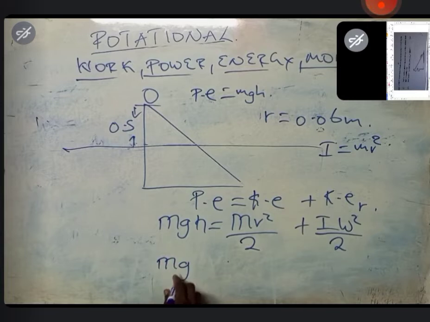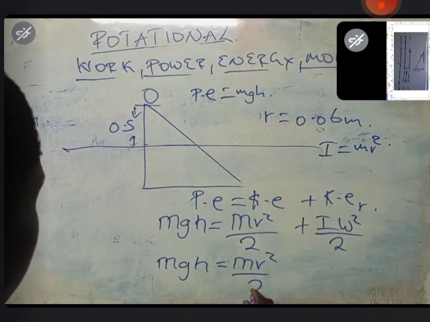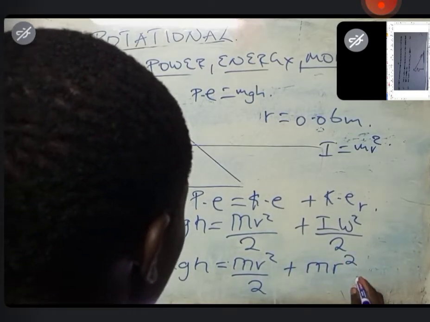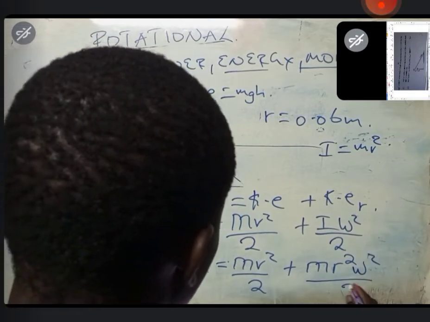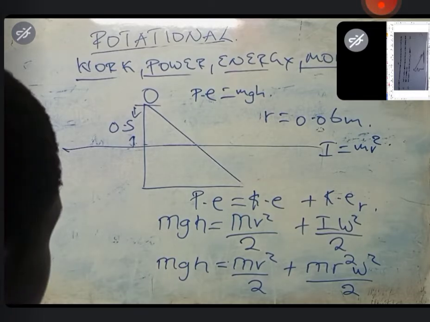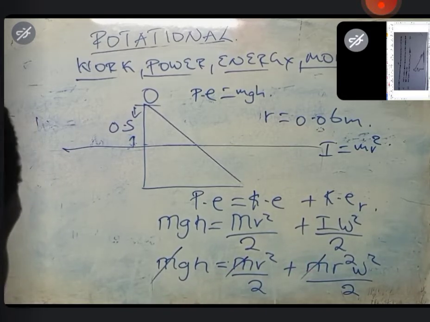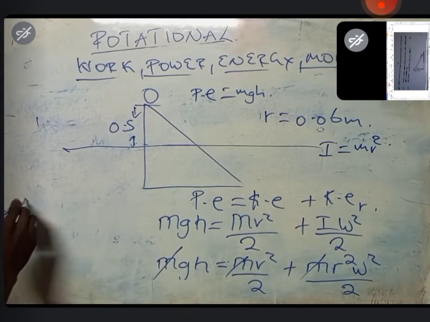So I have mgh equal to mv squared over 2 plus mr squared omega squared over 2. From this point, we're able to see that the mass is common, and you can therefore divide. And then multiply by 2. When you multiply by 2, on this side you have 2gh.